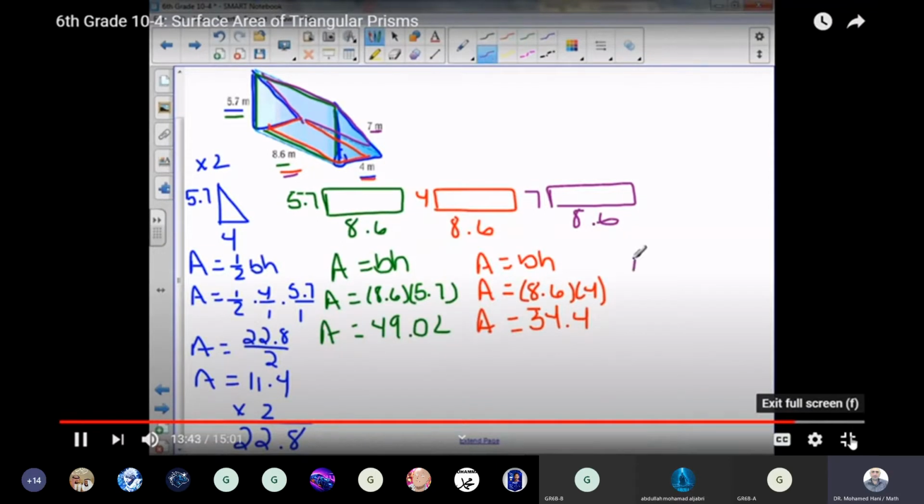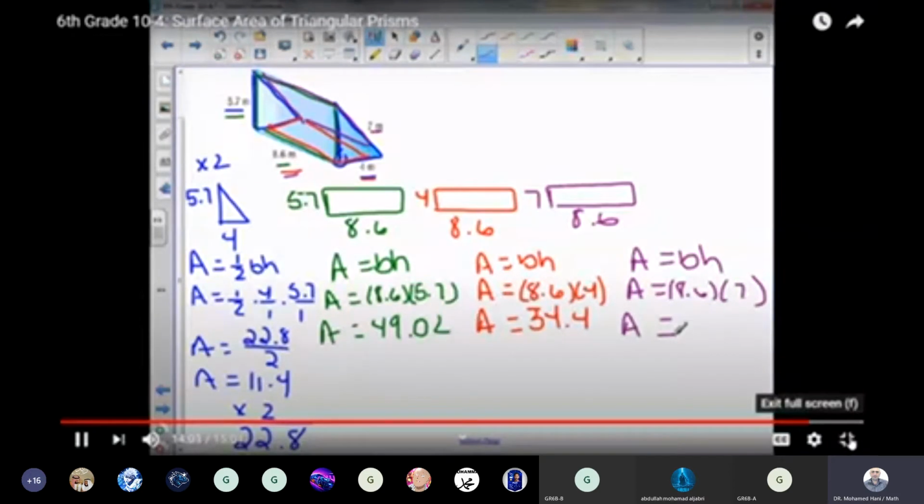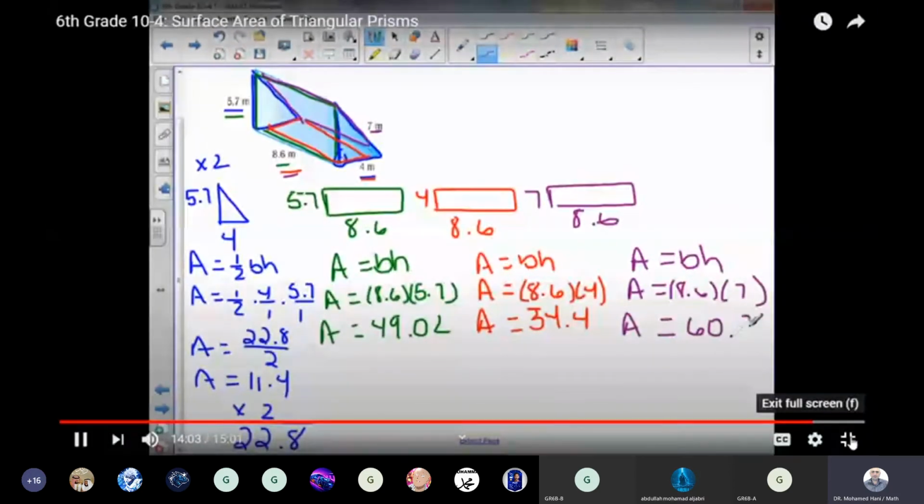And our last rectangle, area equals base times height. Area equals 8.6 times 7. Area equals 60.2.